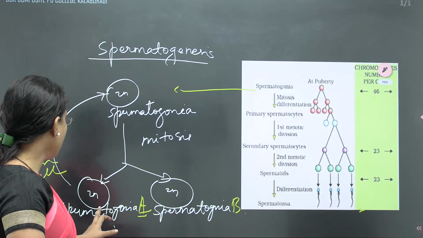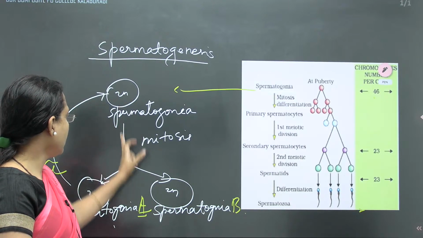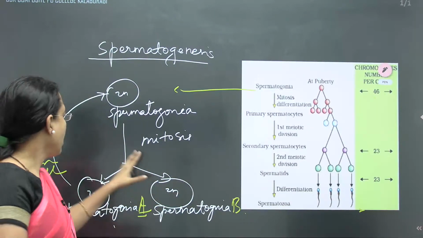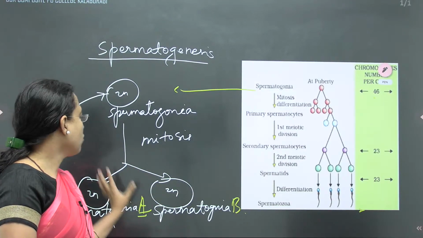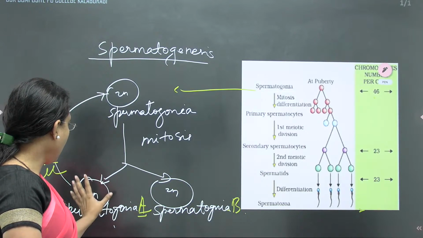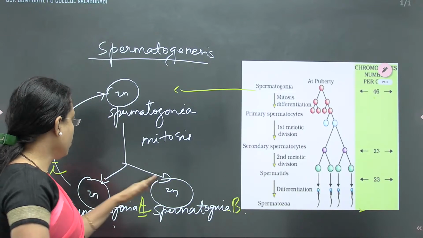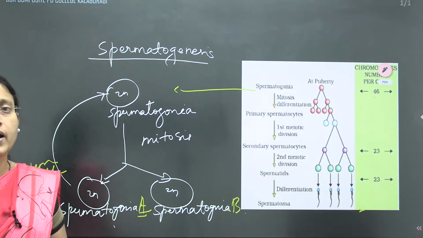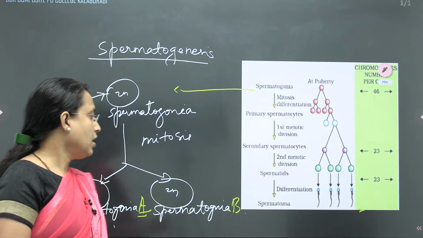So spermatogonia A again undergoes mitosis and keeps looping. So here spermatogonia A and spermatogonia B. Spermatogonia A can again form two. So this continues. It has the stem cell property of rapid multiplication.